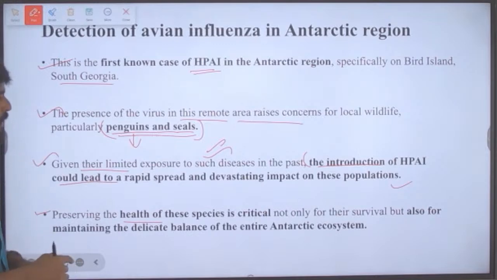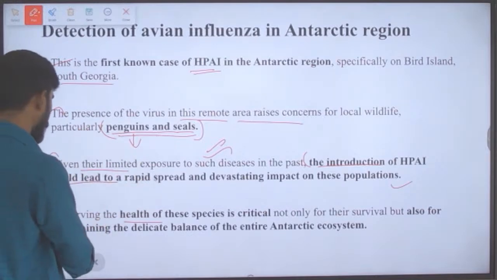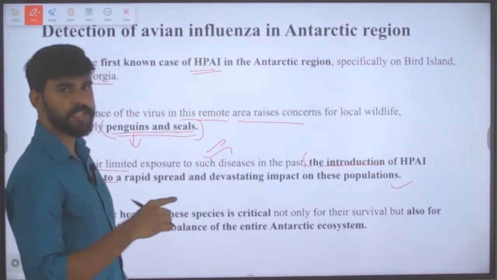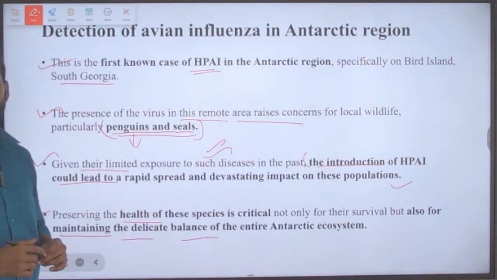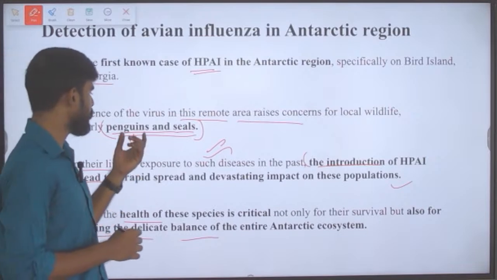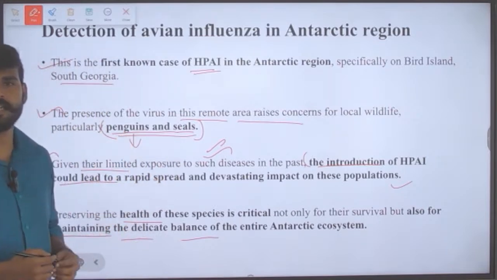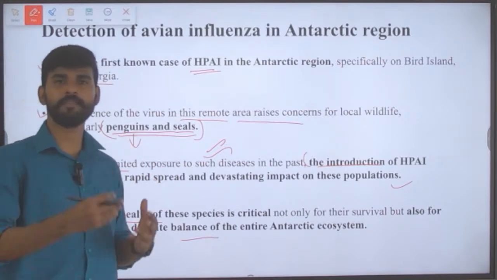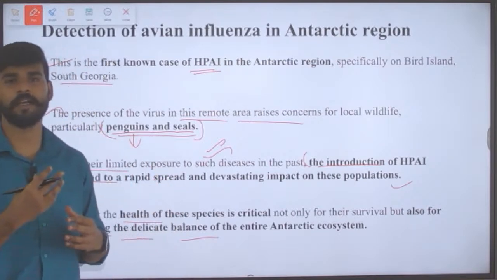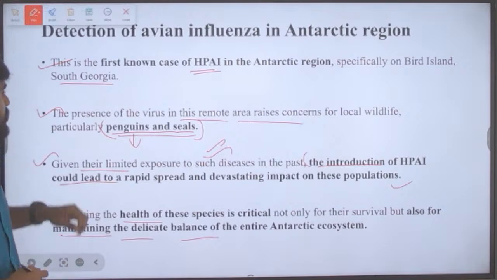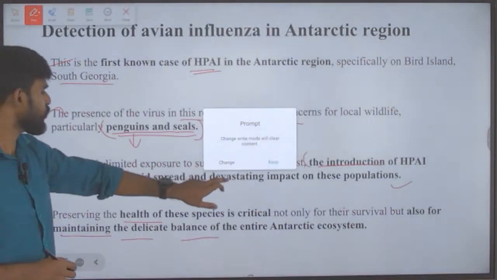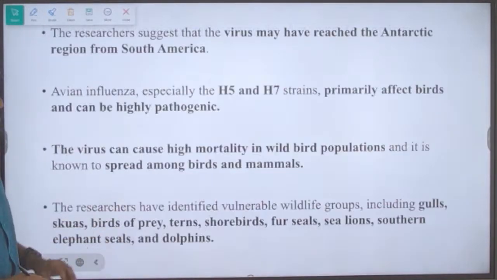It is not only critical for the survivability of those species, but also to maintain the delicate balance of the entire Antarctic ecosystem. If these penguins or seals are lost, it will severely disturb the Antarctic ecosystem. So it is important to conserve these species and preserve their health.